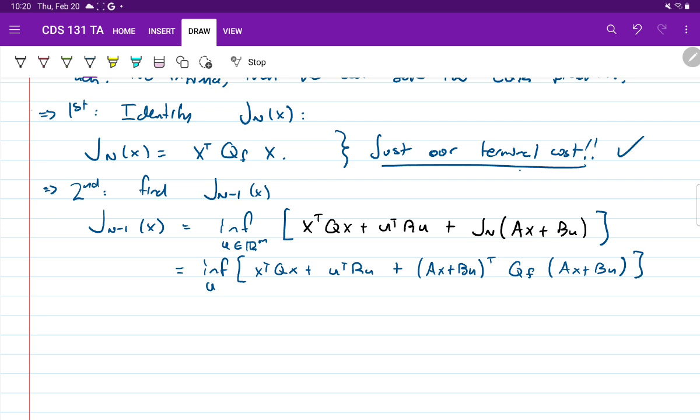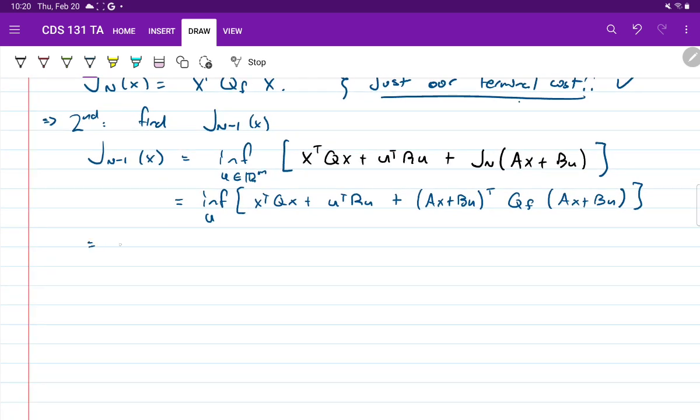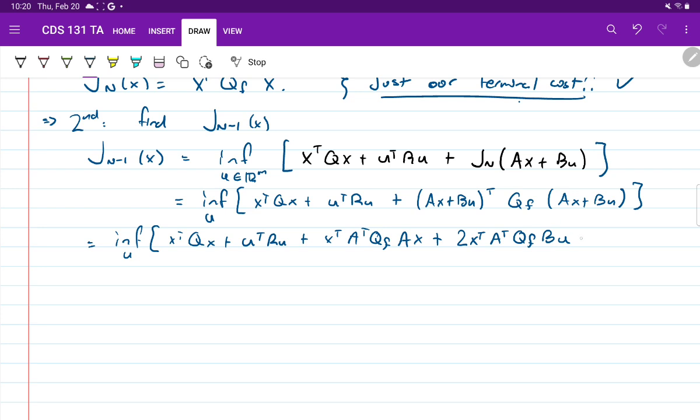Let me expand this out: inf over u of x transpose Qx plus u transpose Ru plus x transpose A transpose Q_f Ax, plus 2x transpose A transpose Q_f B u, finally plus u transpose B transpose Q_f B u.